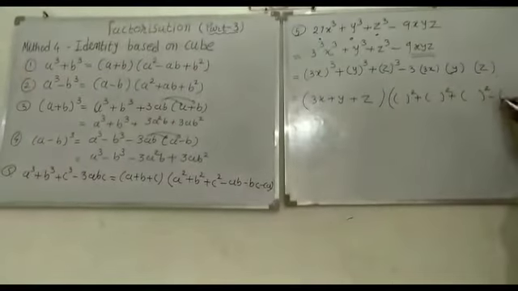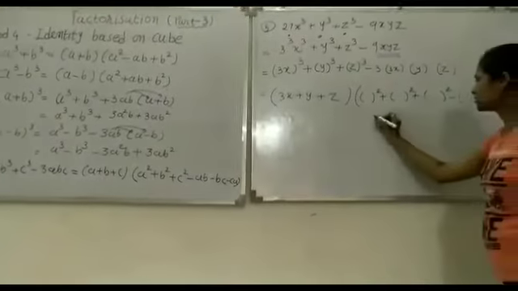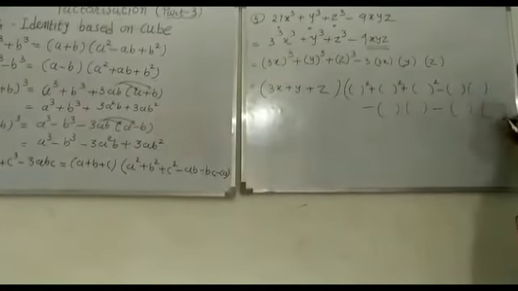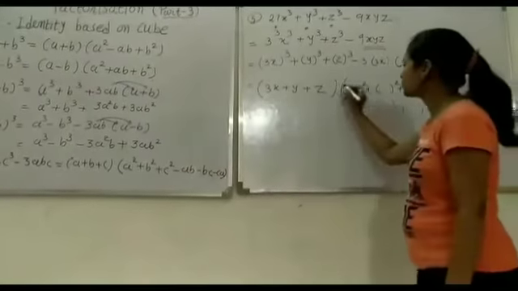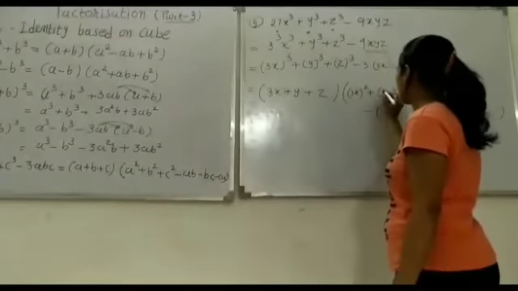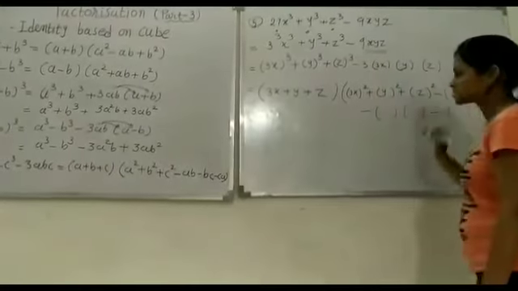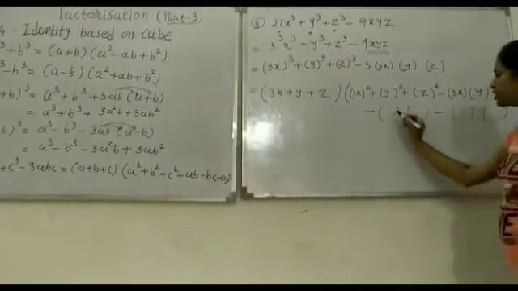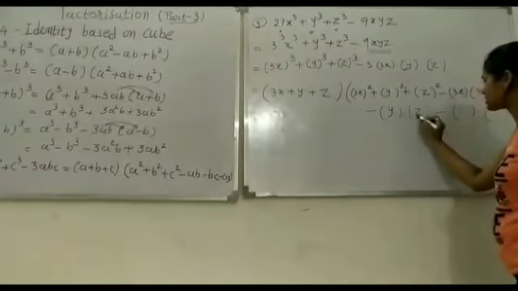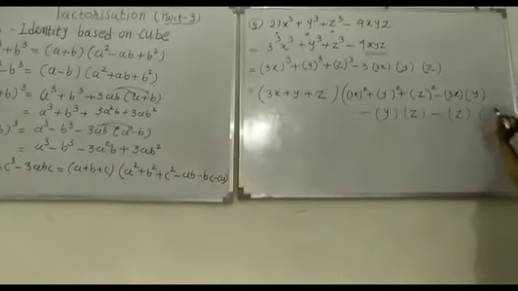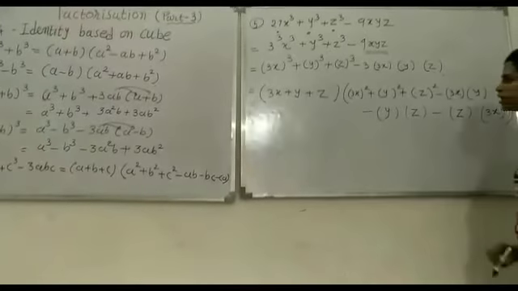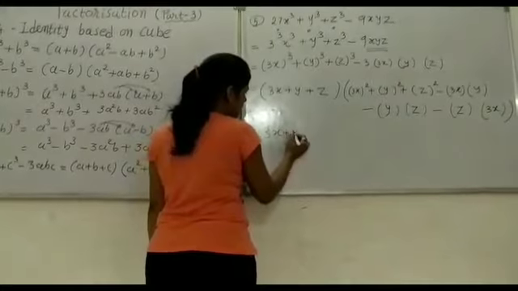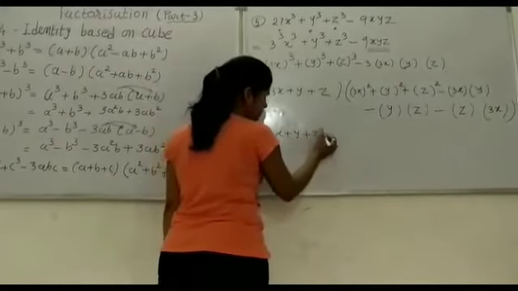Then minus first second, minus second third, minus third first. So how can you write? First is 3x, second is y, second is y, third is z, third is z, first is 3x.